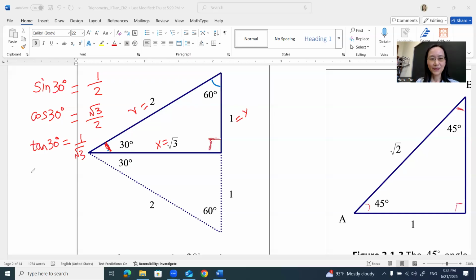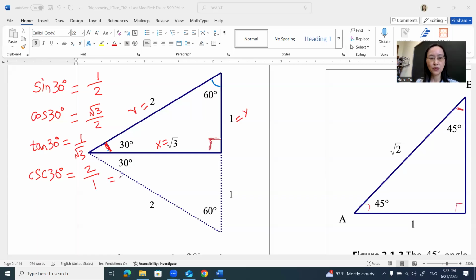Now we continue. We can do the cosecant. Cosecant 30 degrees, according to the definition, is r over y, which is the hypotenuse over the side opposite the 30-degree angle, which is 1.